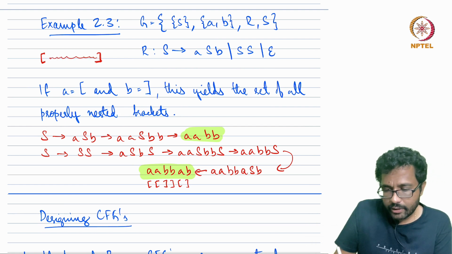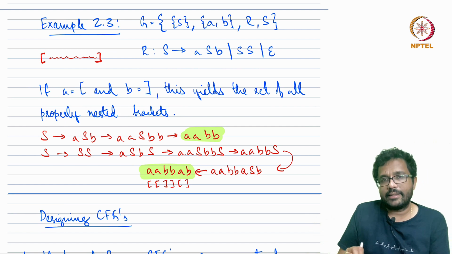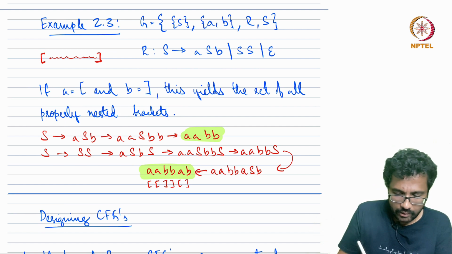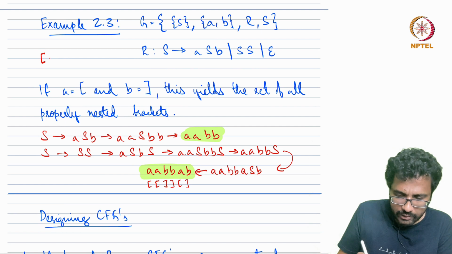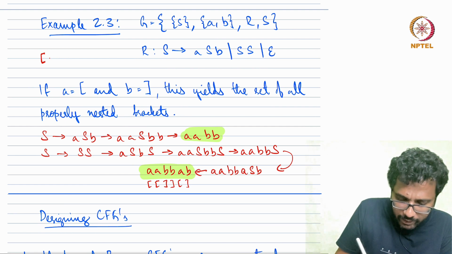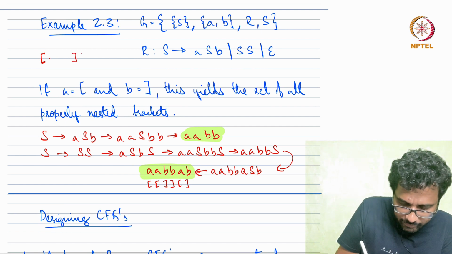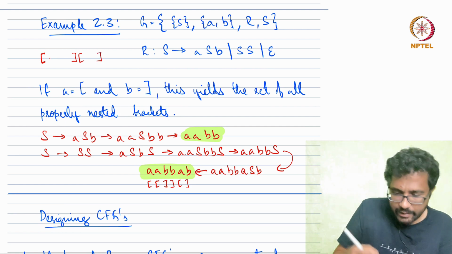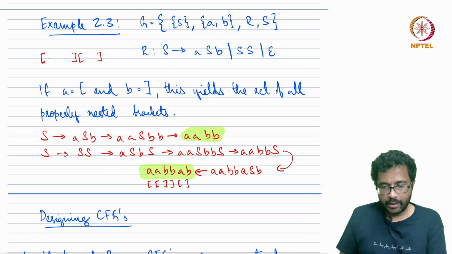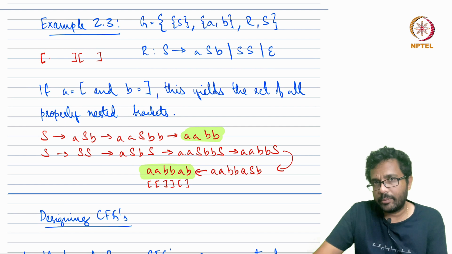then it is like we are using the rule S gives aSb. However, if the partner closing bracket is somewhere in the middle, and then there is again an opening bracket and a closing bracket, then it is like we use the rule SS to begin with.